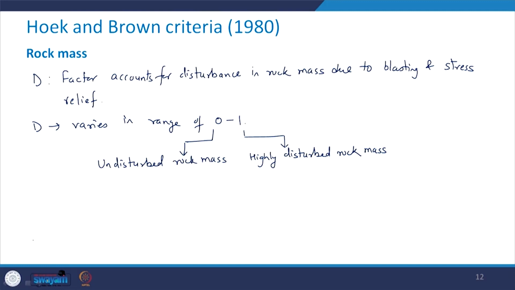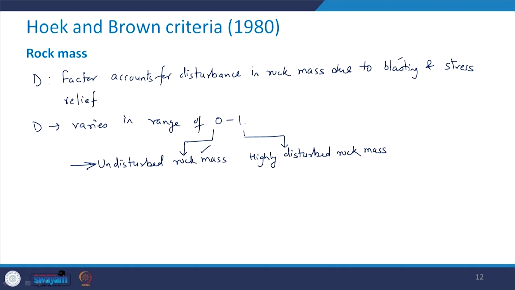So, basically this undisturbed rock mass means there is no disturbance because of blasting, or there is no stress relief because of the excavation phenomena. So, this is a kind of undisturbed situation.